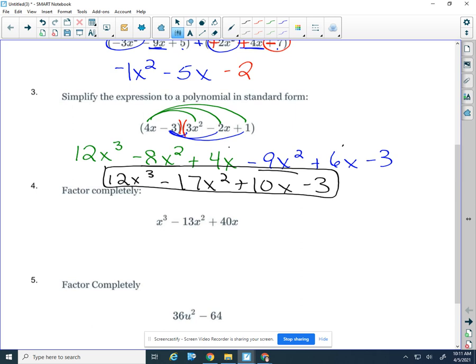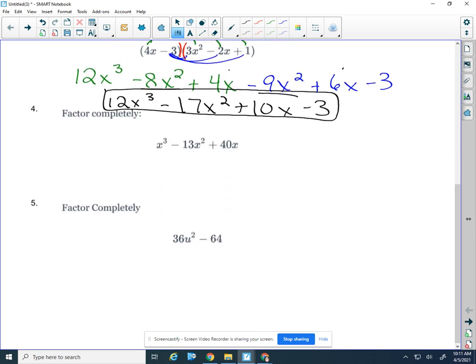Now, questions 4 and 5 have to do with factoring. When we factor, we're not simplifying, we're actually breaking apart. And when you factor, the first thing you should look for is a GCF. So in this problem, I'm going to take out an x, and I'm left with x squared minus 13x plus 40. And then you should always see if you can factor again.